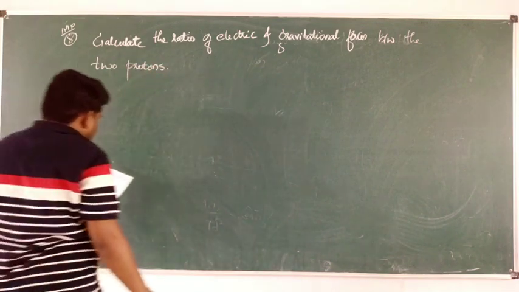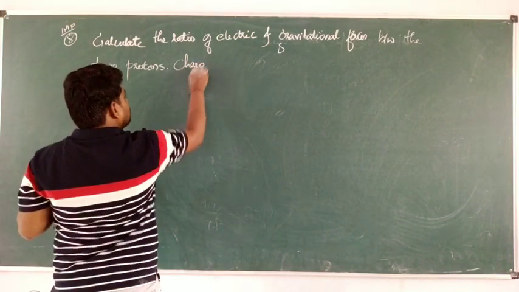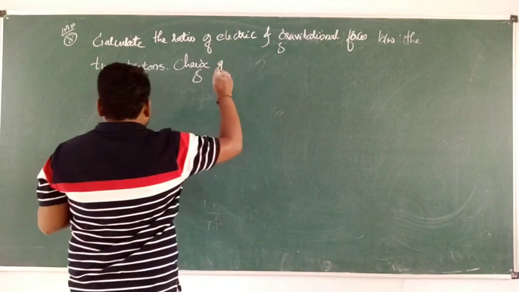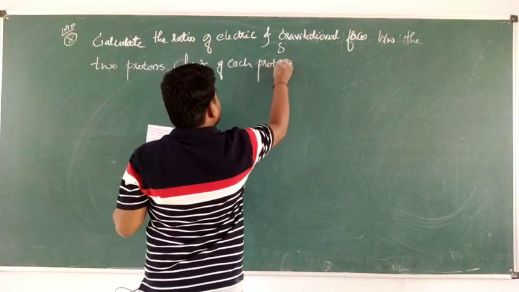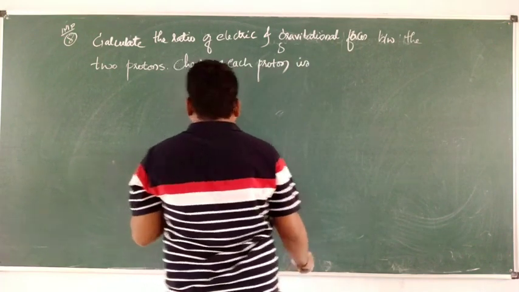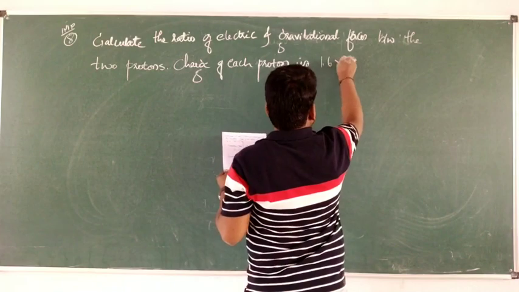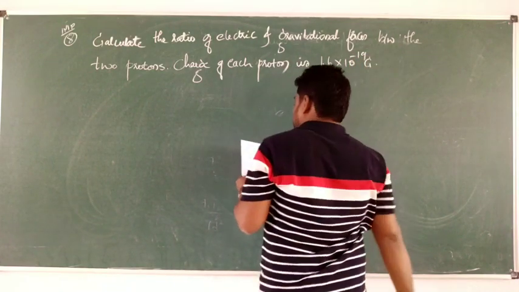Charge of each proton is 1.6 into 10 to the power of minus 19 coulomb.